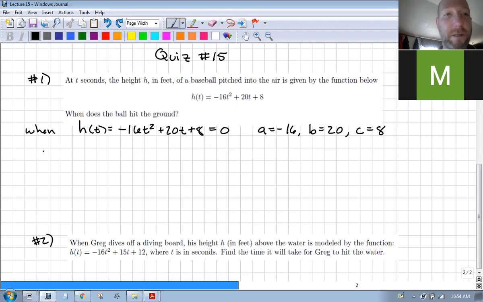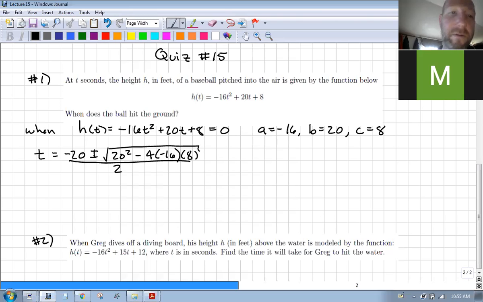All right, let's see here. So X is, well, in this case, it's T. So we have -b plus or minus the square root of b squared minus 4ac, all over 2a.